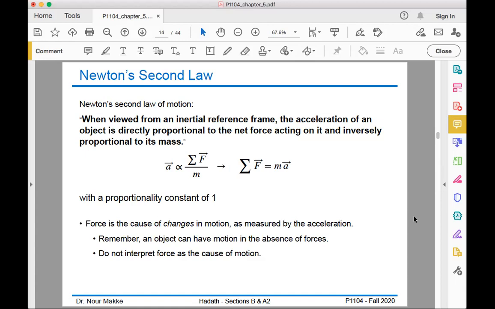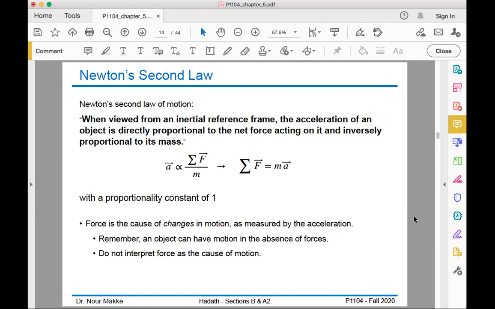You have to remember something: an object can have motion in the absence of forces. So you don't necessarily have to have a force for an object to move. It can move without having a force acting on it. And you should not interpret force as the cause of motion, but you should interpret it as the cause of motion modification.